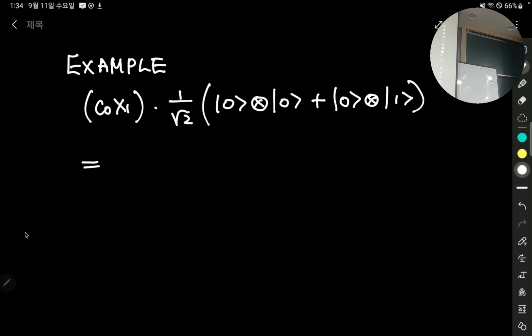By the way, where's the paper? Can I get the paper back? Does everyone write your name here? Let me know if you didn't write your name yet.